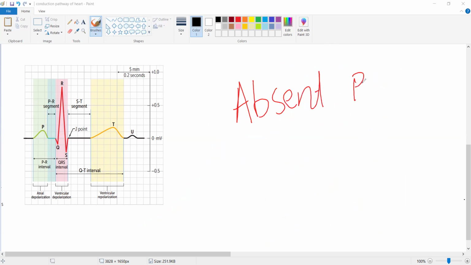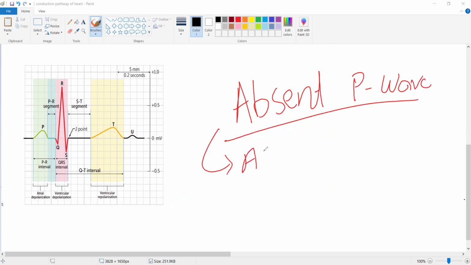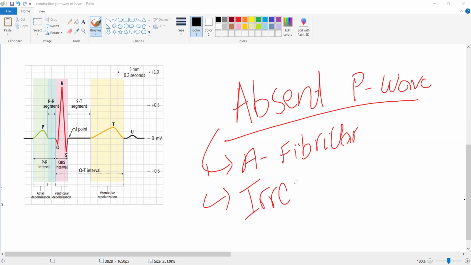What about the rhythm in atrial fibrillation? Irregularly irregular. Yes, irregular rhythm. Okay.